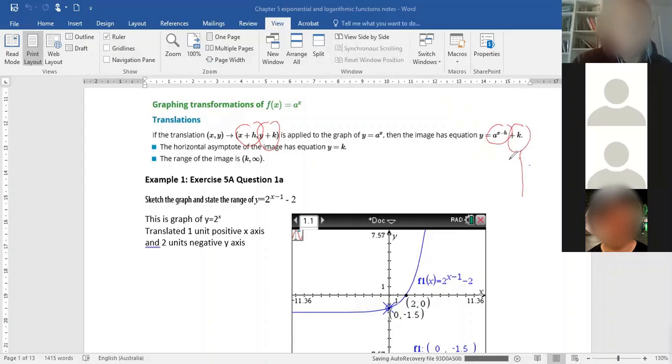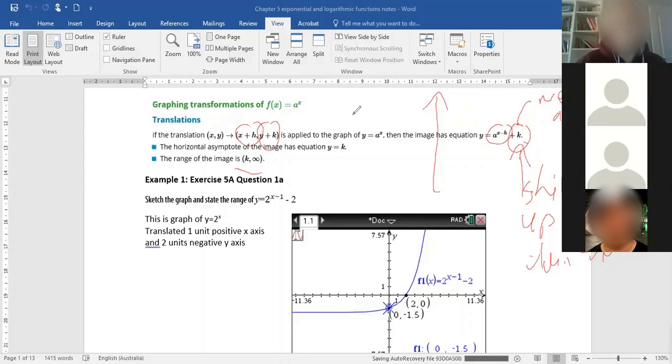This plus k, just like everything else, shifts it up if it's positive, and down if it's negative. That k becomes the new asymptote, very, very important. So the range will be from this k all the way up to infinity.